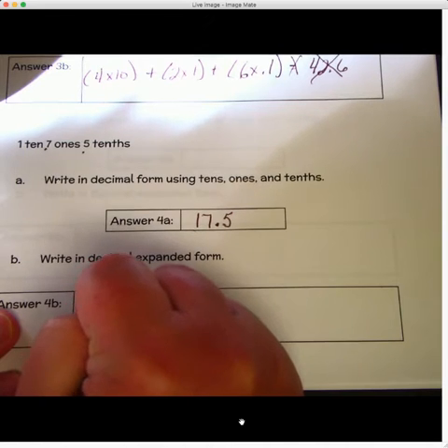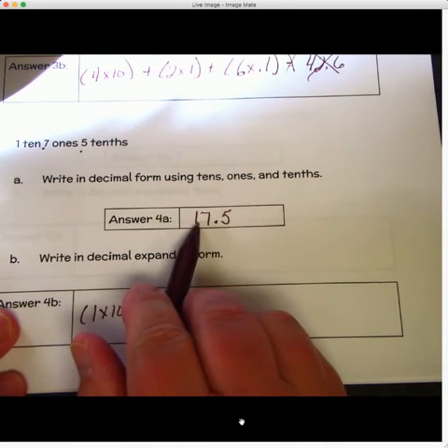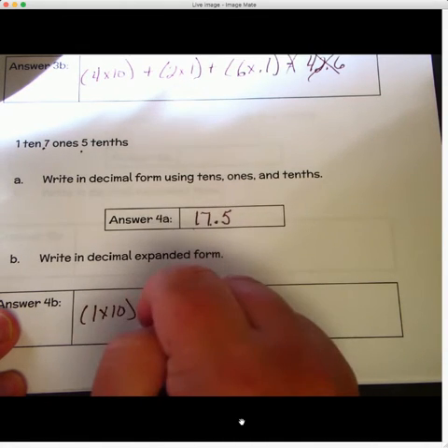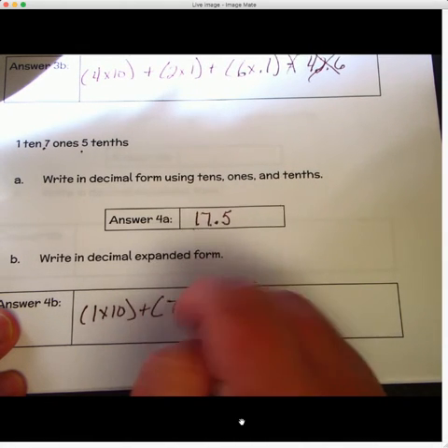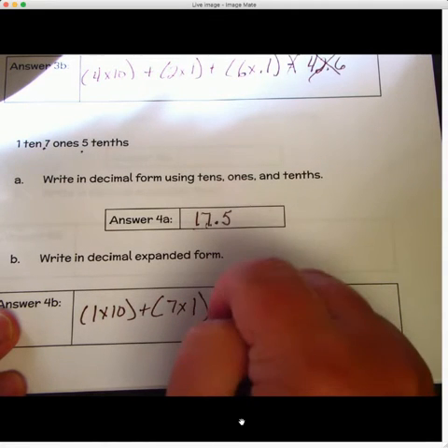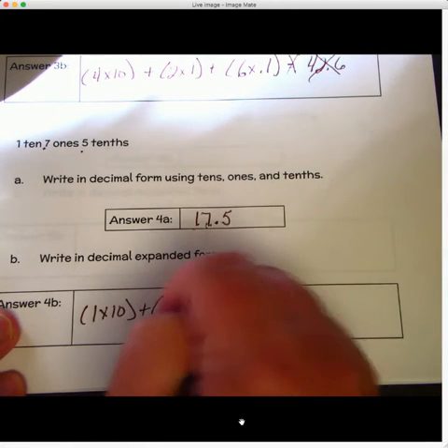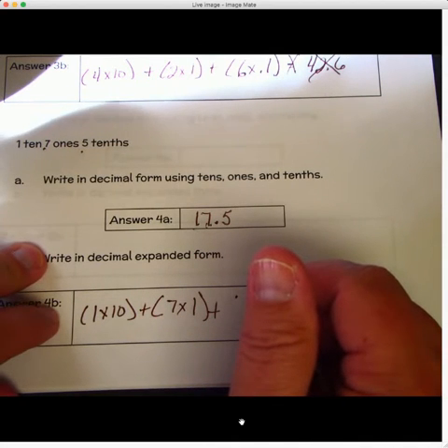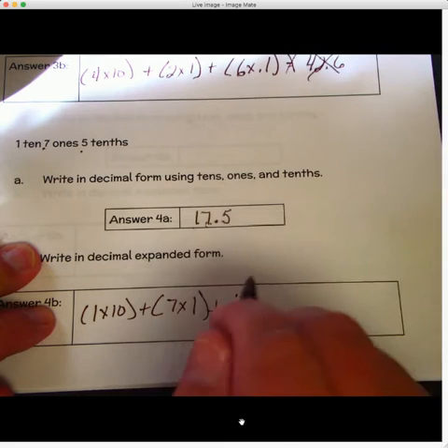times 10, 1 in the tens place, plus 7 times 1, there's 7 in the ones place, plus, I did that wrong, sorry. I got confused.